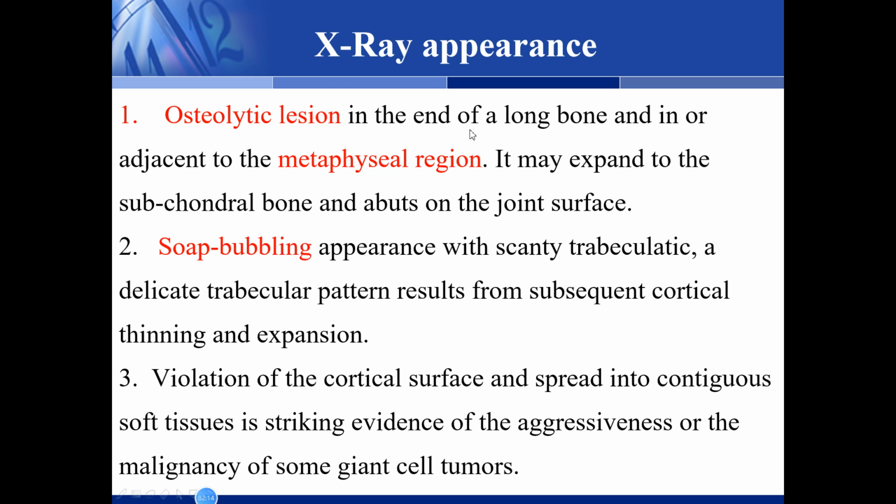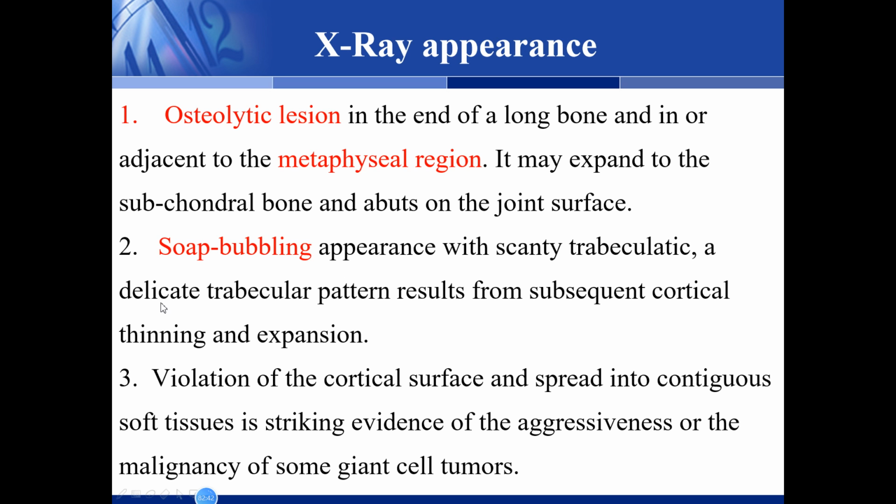X-ray appearance: 1. An obscured lesion in the end of a long bone, in or adjacent to the metaphyseal region. It may expand to the subchondral bone and abut the joint surface. 2. Soap bubble appearance with scanty trabeculation.